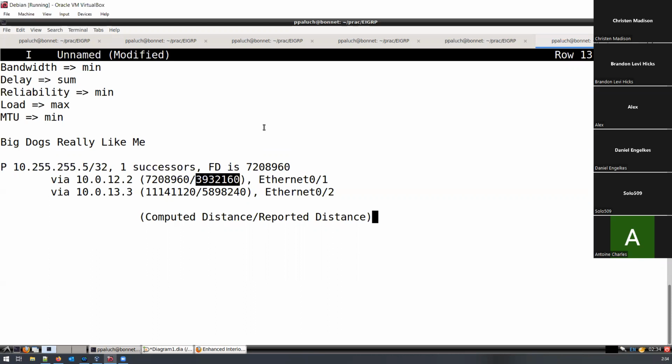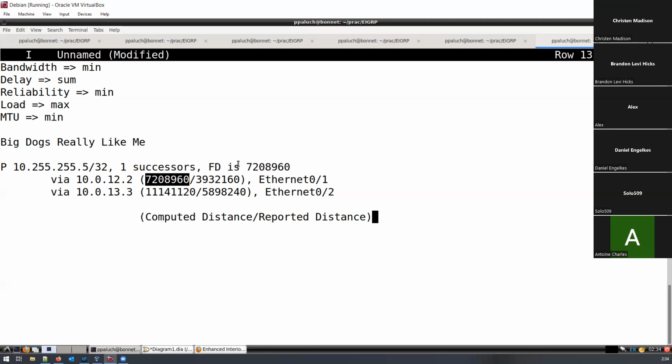So we call it reported distance nowadays. And this is the distance of the neighbor. That is how far that neighbor is from the destination. And this is how far I am from the destination through that neighbor. Essentially, the difference between these two is simply the cost of the link between me and that neighbor in EIGRP terms.